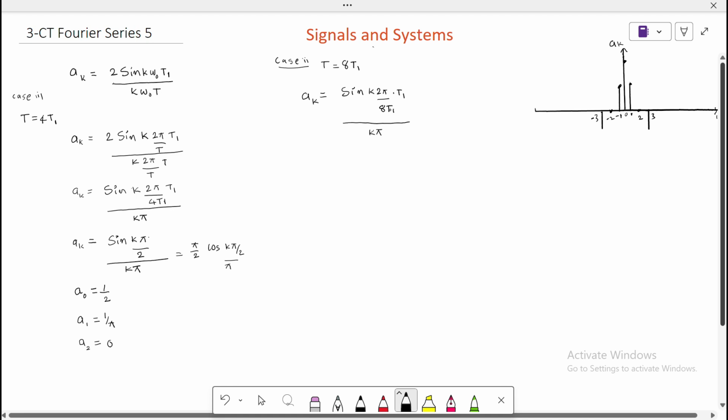T1 gets cancelled. We will get a_k equal to sine of k pi by 4 by k pi. It will have the magnitude from k equal 0 to 3. At k equal 4, it goes to 0.